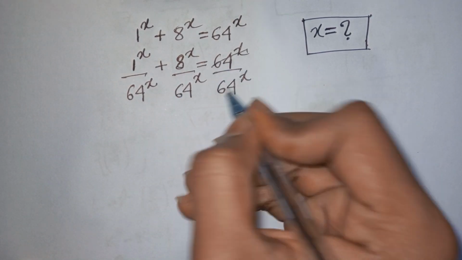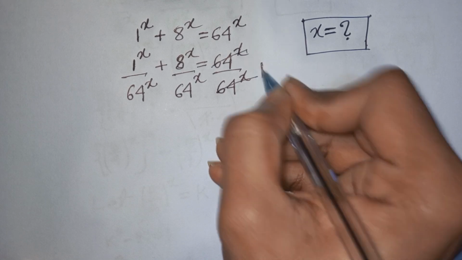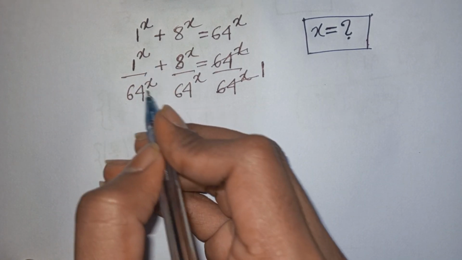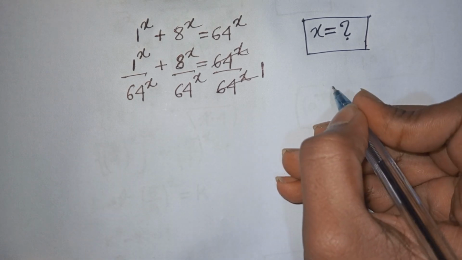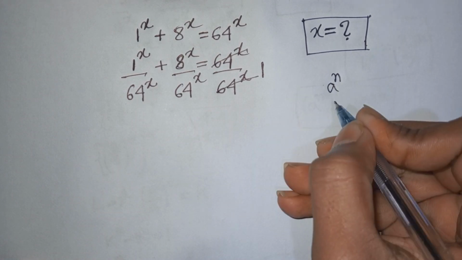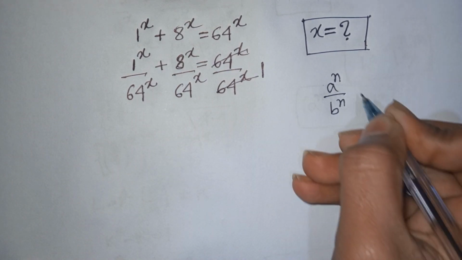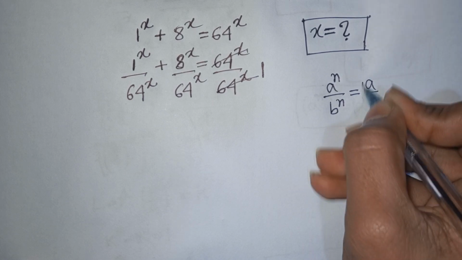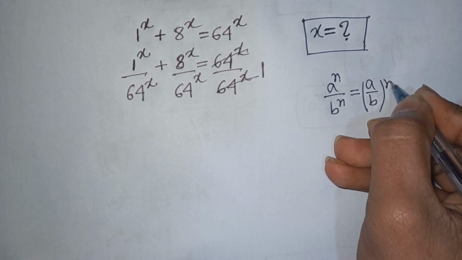Now this will be cancelled. So here 1. Now from here, x is the same power but different base. So apply this exponential rule that a power n over b power n is equal to a over b, bracket, common power n.